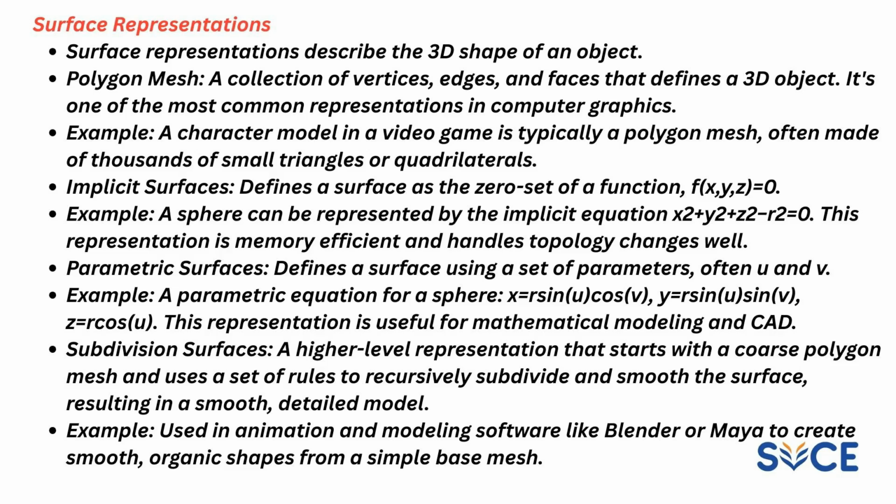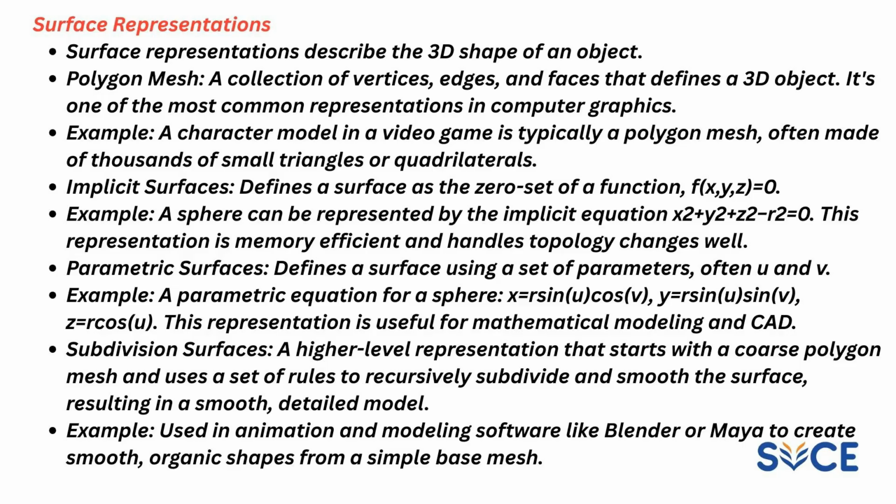For example, in animation tools like Blender or Maya, subdivision surfaces are used to create smooth organic shapes such as faces, creatures, and character bodies, starting from a basic low-poly mesh.